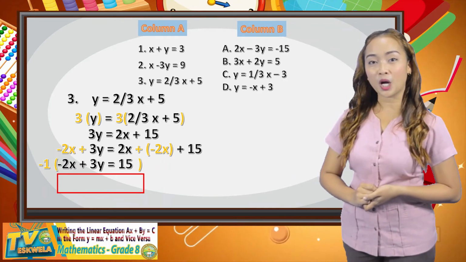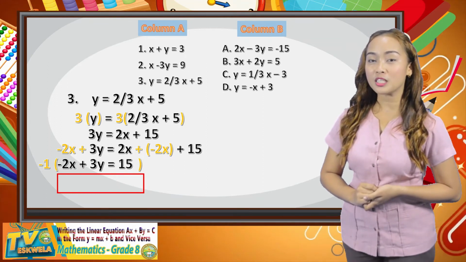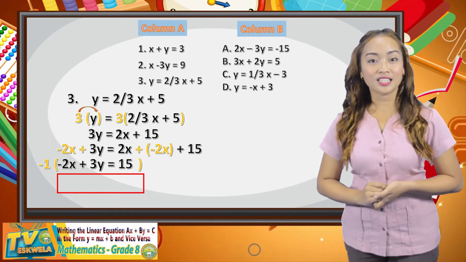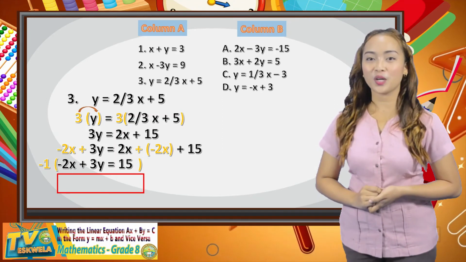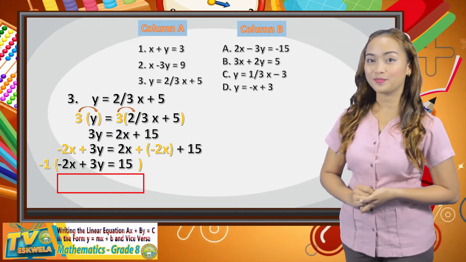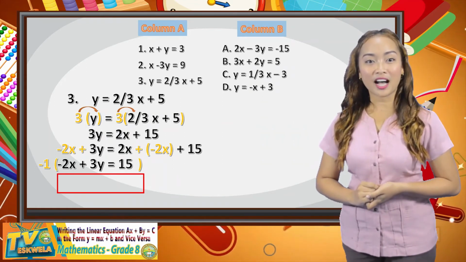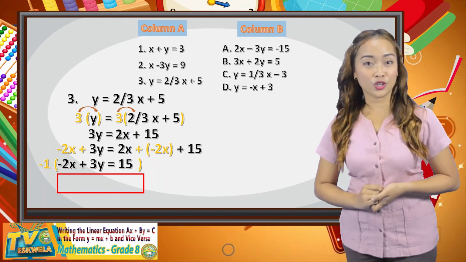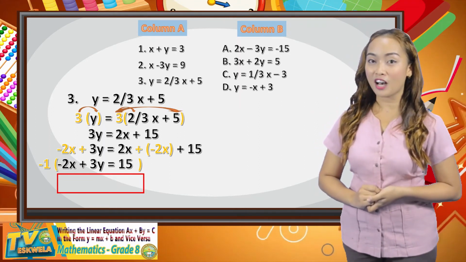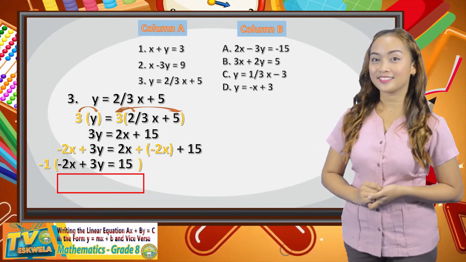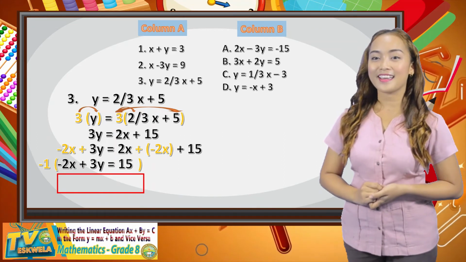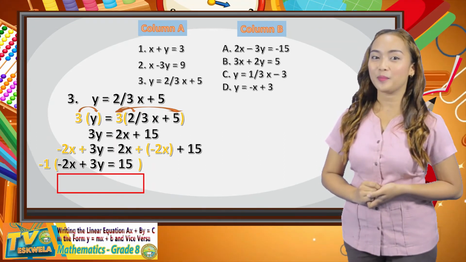By distributive property, we will multiply 3 to each of the terms. 3 times y, 3y, equals 3 times 2, 6, divided by 3 is equal to 2, plus 3 times 5 is 15. Then we have 3y is equal to 2x plus 15.